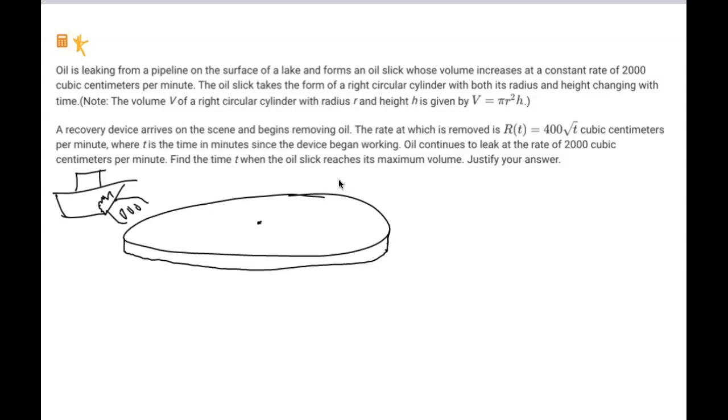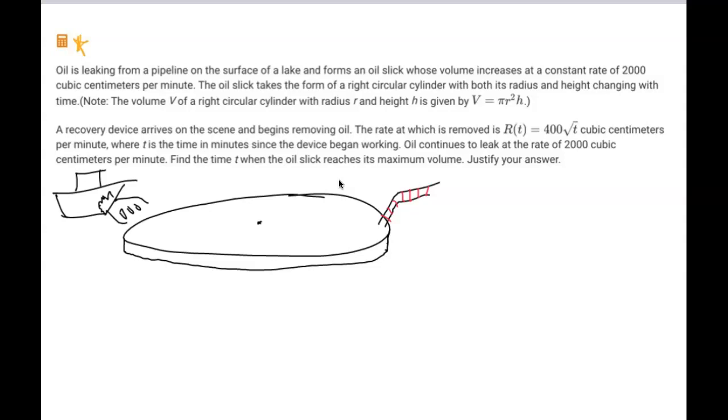Those are drops of oil. And then you have some machine, let's say it's a straw. There's my straw. And that's sucking oil out, right? And so oil is coming in and going out at different rates.